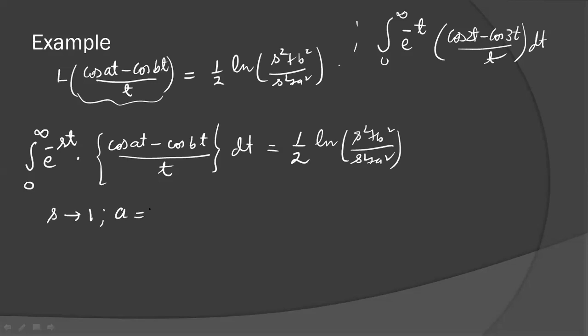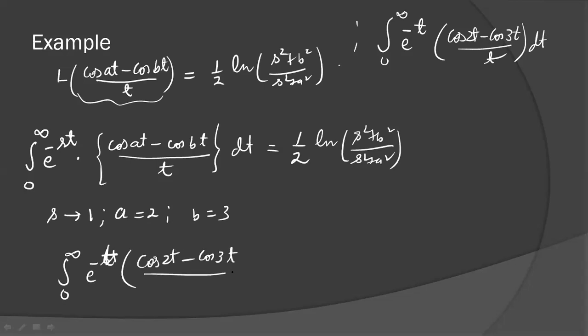Remember here, a equal to 2 and b equal to 3 will give you the solution of this problem. The integral of e to the power minus t (cos 2t minus cos 3t) over t dt equals 1 over 2 log of (1 plus 9) over (1 plus 4).